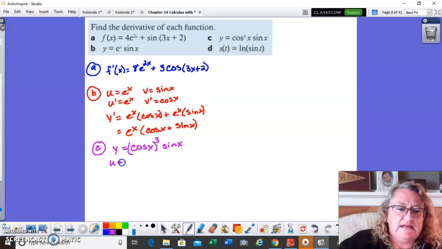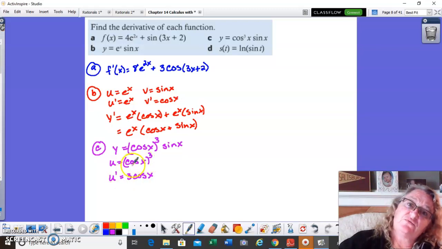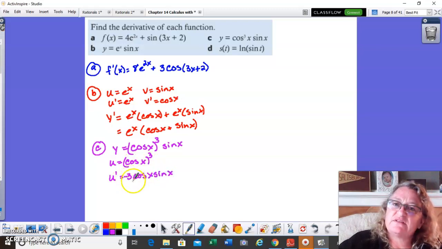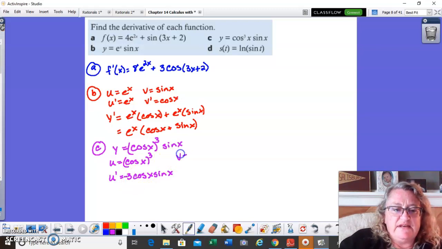So u is going to equal cosine x cubed, and that means its derivative is 3 times the cosine of x squared, and then I have to multiply by the derivative of the cosine x, which is the negative sine of x. Notice I just put the negative sign out in front, so I didn't have to write it twice. v is equal to the sine of x, and the derivative is the cosine of x. So now we do our multiplication.